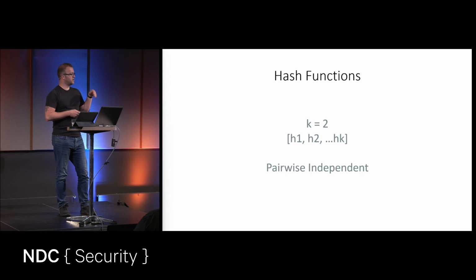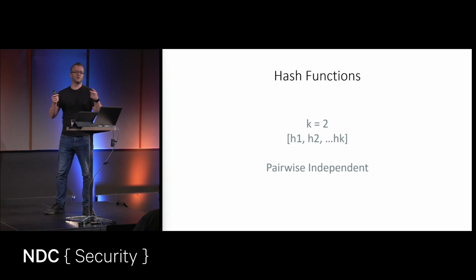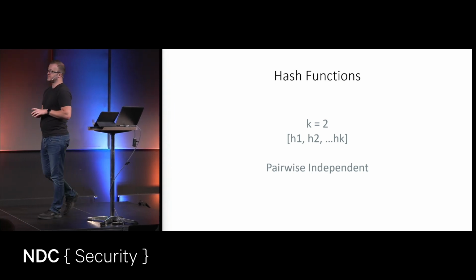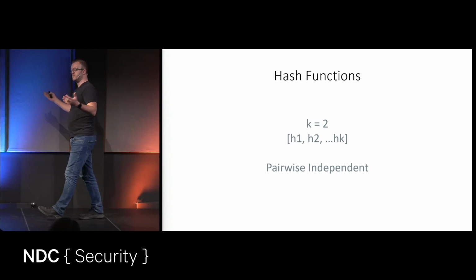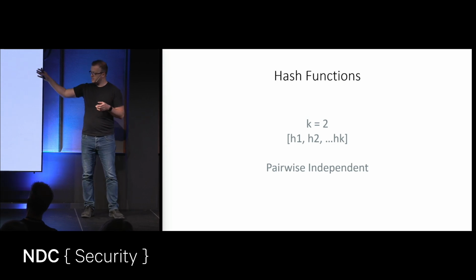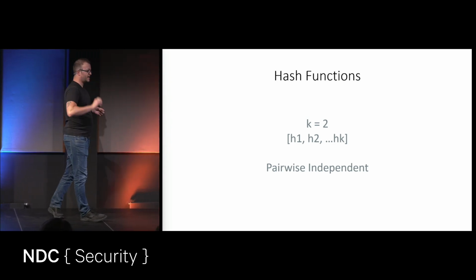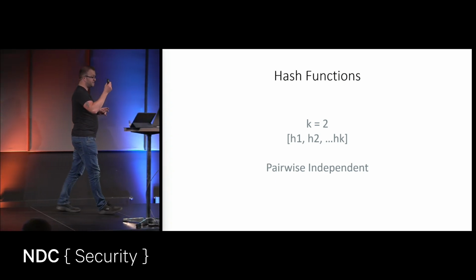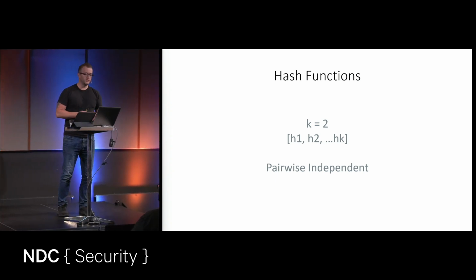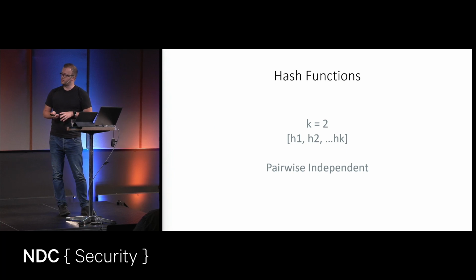The hash functions give us the index in the array to set the bit at. So we've got h1 and h2. If k was a larger number, you'd have all the way up to hk. The really important thing about these hash functions is they have to be pairwise independent hash functions, and I'll show you what that means on the next slide.